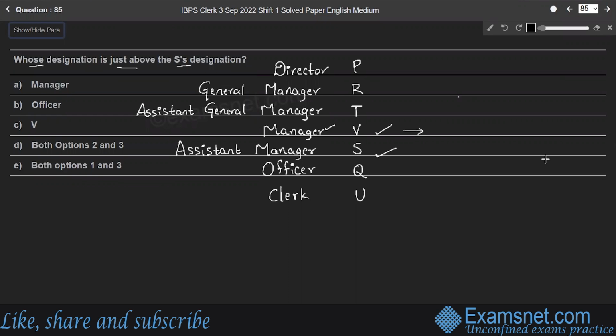So here in the options, manager is also given, V is also given. Therefore, we cannot consider any one here. So we have to consider both V and manager. Therefore, both 1 and 3, option E is the right answer.